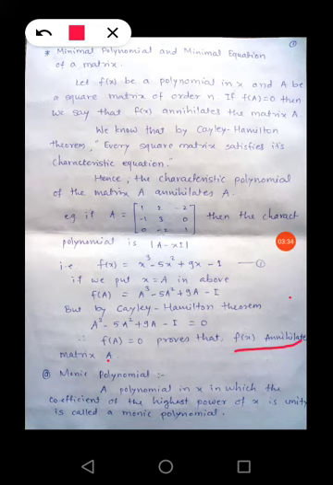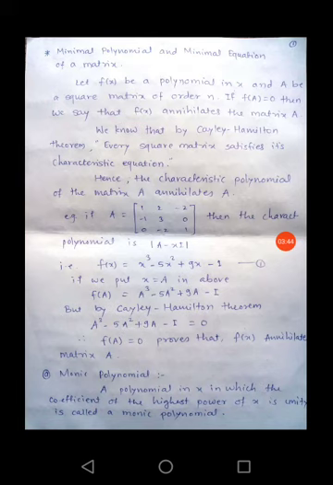Now we will see monic polynomial. What is monic polynomial here? A monic polynomial is a polynomial in x in which the coefficient of the highest power of x is unity. Here I would like to write some polynomial.